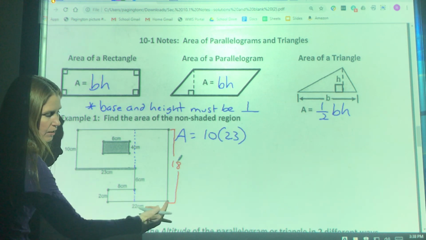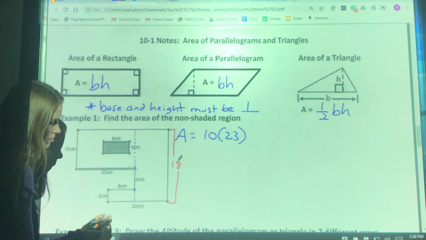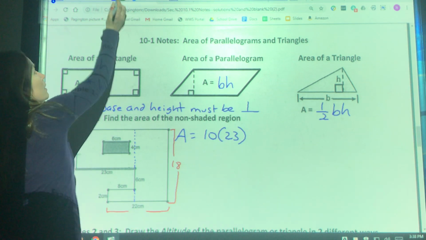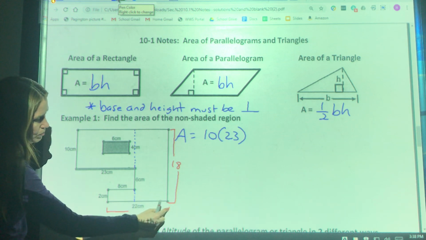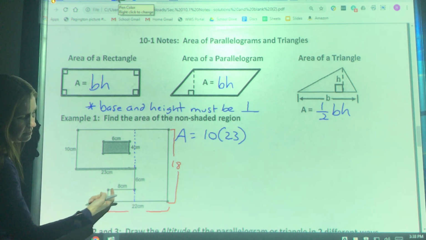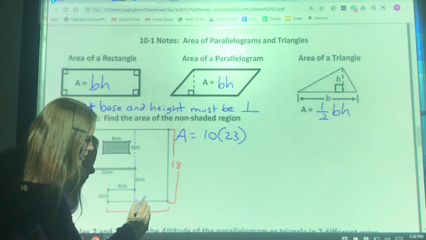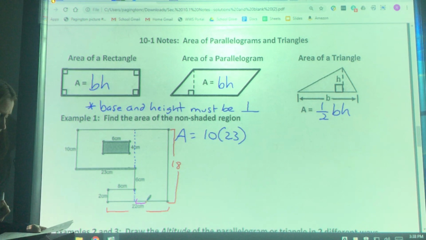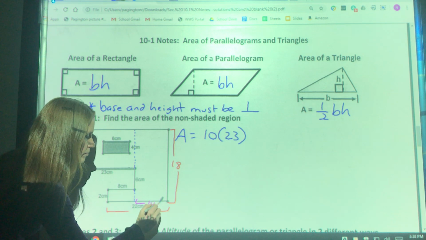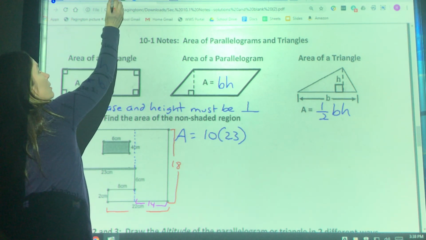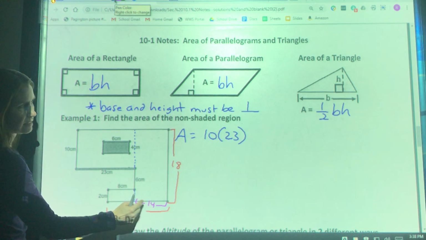And then I have to carefully pay attention to what this length is. If I know this whole thing is 22 and this is 8, then 22 minus 8 will give me this section right here, which gives me the 14. So to find the area of this section, I'm accounting for 18 times 14.